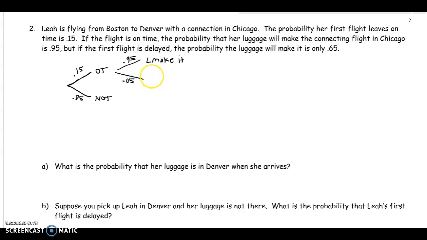And that would be luggage not make it. Now, as we move on, if her flight is not on time, the exact same choices about her luggage occur. Either it makes it or the luggage does not make it.